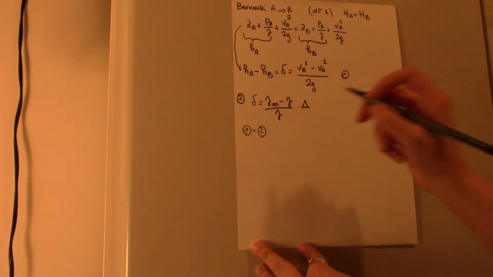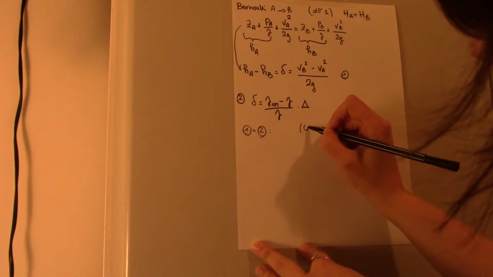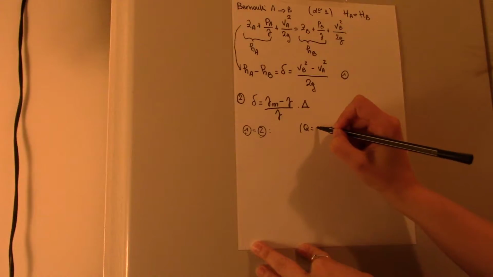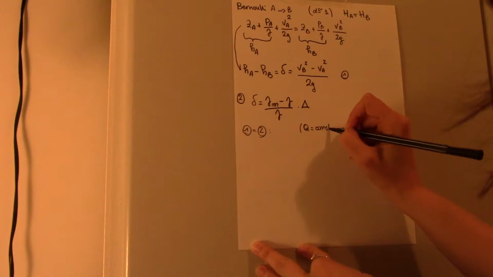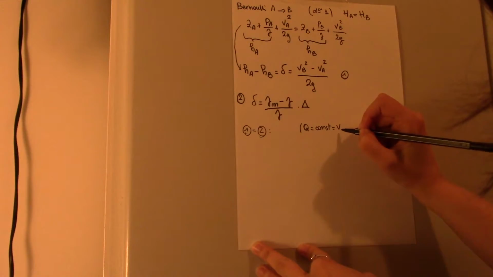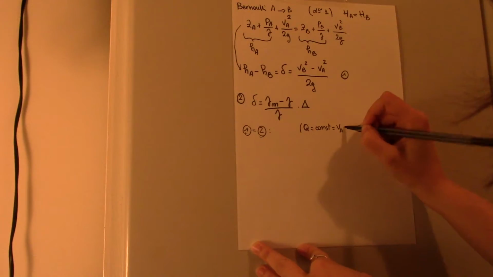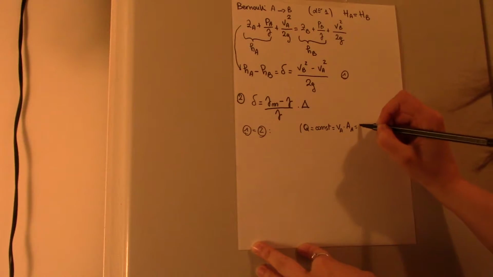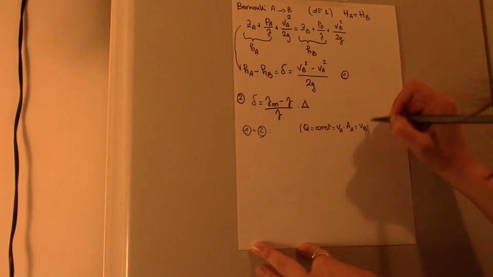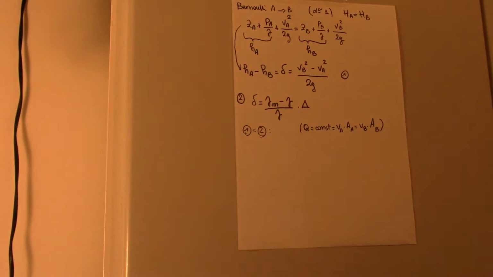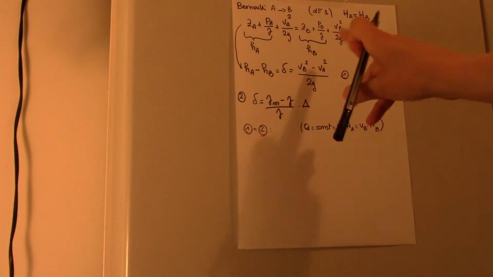brings you, and considering that Q, the volumetric discharge, is constant, which means that the velocity in cross-section A times the area of A is equal to the velocity in cross-section B times the area of cross-section B. And if it's valid, let's compare.